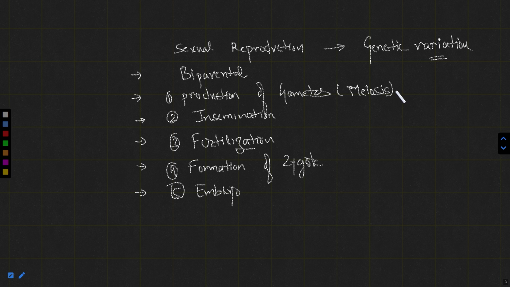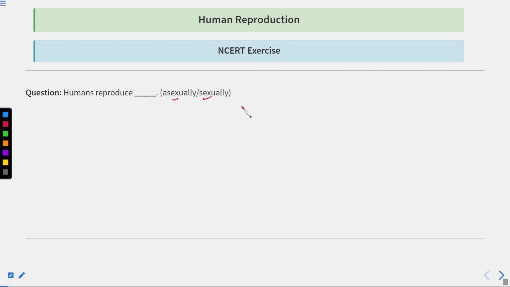Recombination and crossing over takes place, means there is the exchange of genetic material, which is the source of the genetic variation. Clear? So what should be the answer for this question? Humans reproduce sexually. Alright.